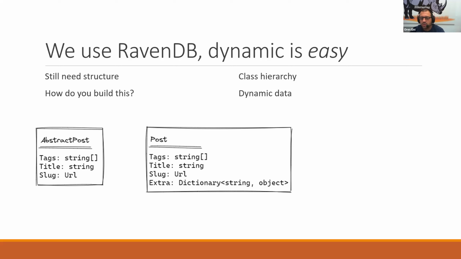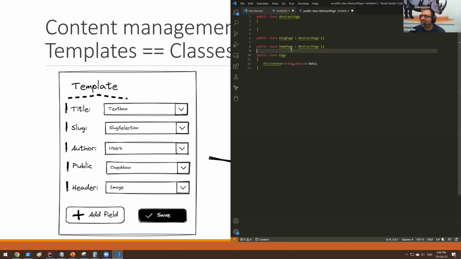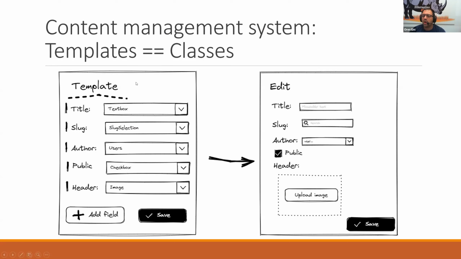So we need to have an abstraction. And it turns out that for a content management system, the abstraction is called a template. It's very similar to coding, where we have a class and then an instance of a class. For a content management system, you have a template and a page.